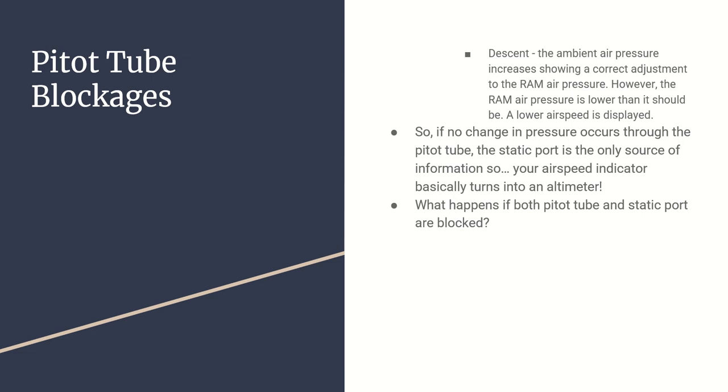And then initially when you pull that alternate static source out, the pressure in the diaphragm is immediately going to be lower than that of the casing. So it's going to show a climb for a second, and then it'll revert back to equal.